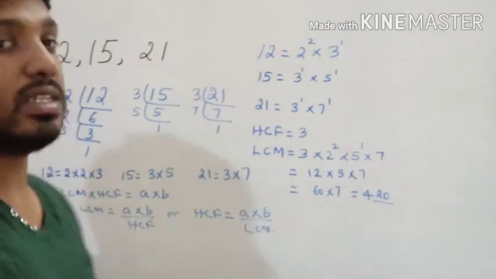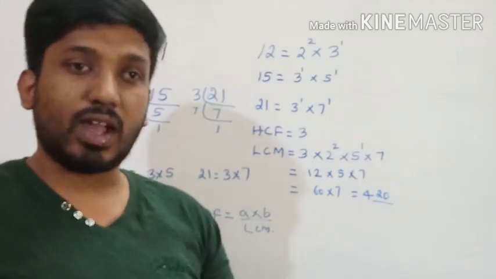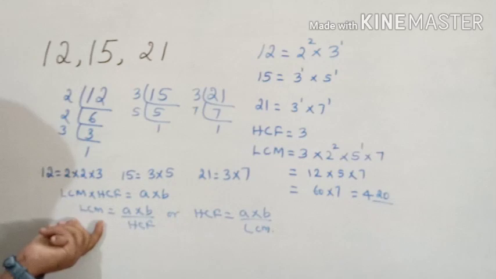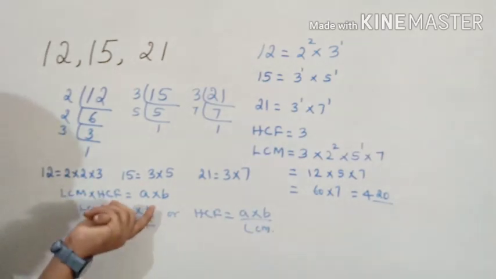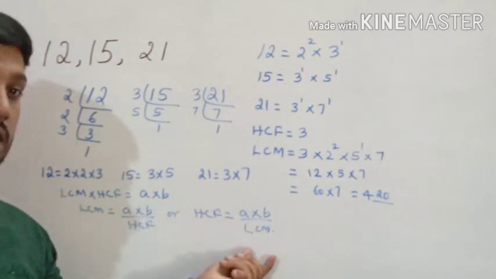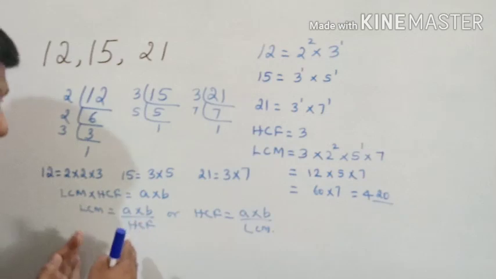This is the amazing relation we have for solving HCF and LCM. If any one of them is given, for example LCM is given, we can find the HCF because A and B are already known, and if HCF is given we can find LCM. So this way we can find numbers with this relation.